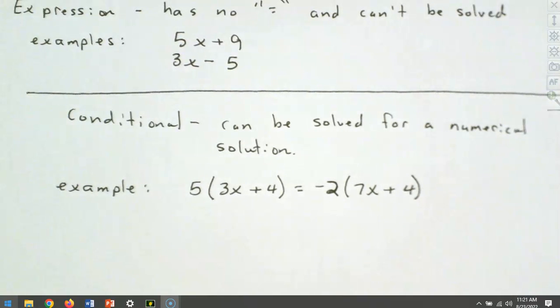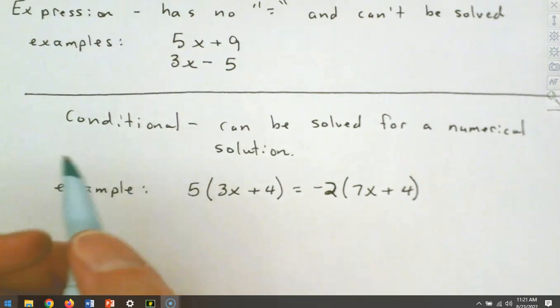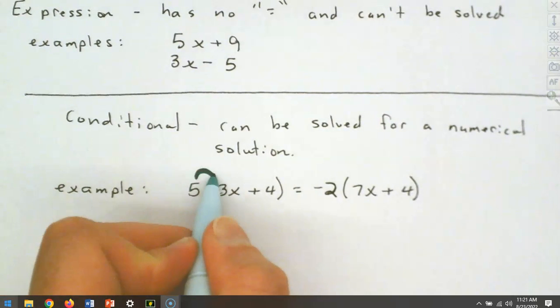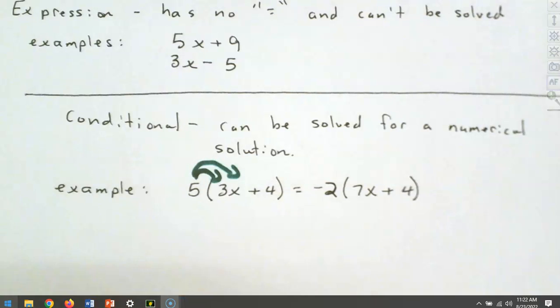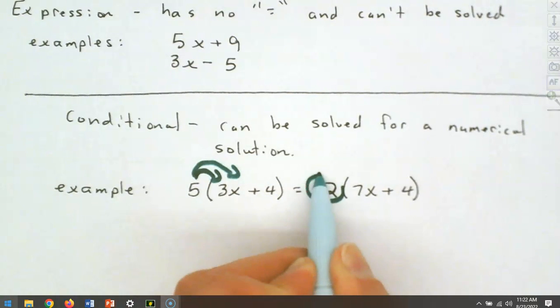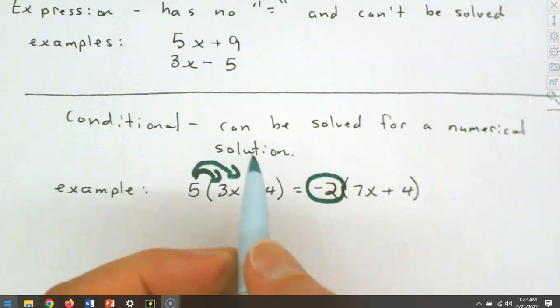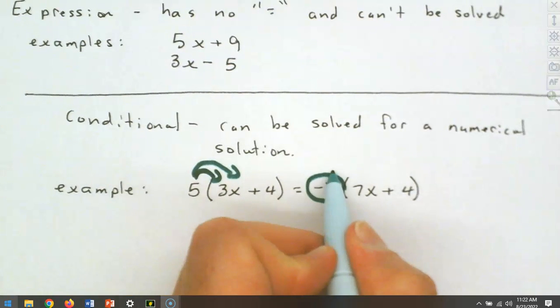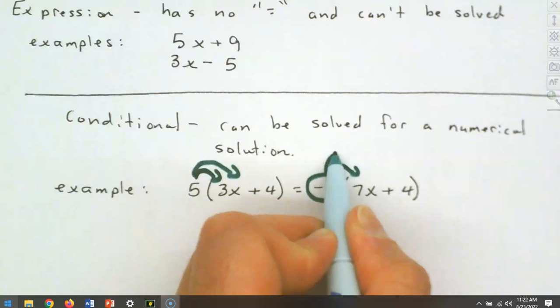So we're going to review how I would begin to solve this. Whenever I solve equations, the first thing I always do is I get rid of my parentheses. And so I like to draw arrows whenever I distribute. So I'm going to draw arrows here when I distribute that 5 through. And then on the minus 2, I like to circle it because it's negative. That way I don't lose my sign.